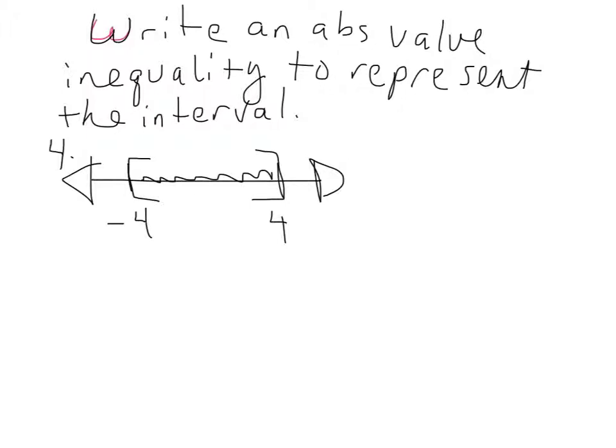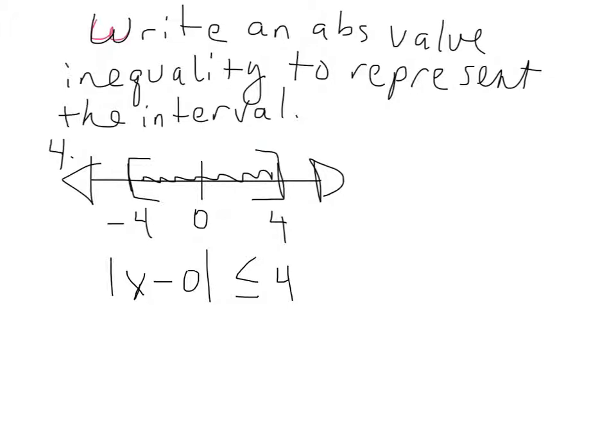So first off, this is going to be important to recognize, that the center value is 0, correct? And the distance of all of the numbers from 0, which is the absolute value of the difference of them, all numbers minus 0, is what? Less than or equal to 4. Of course, we'd simply just write that as the absolute value of x is less than or equal to 4.